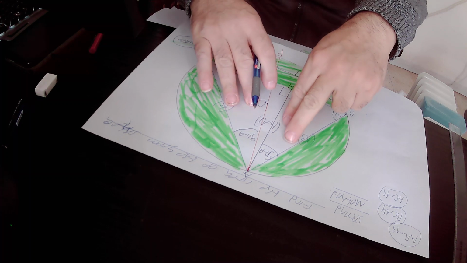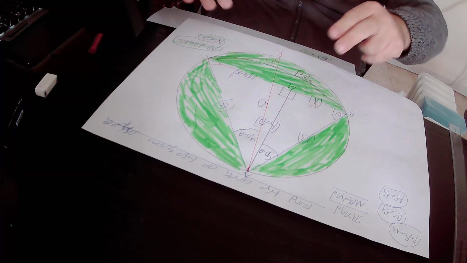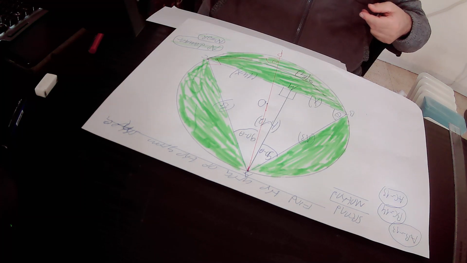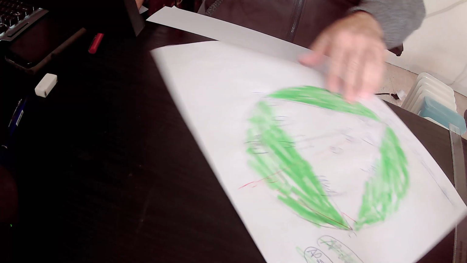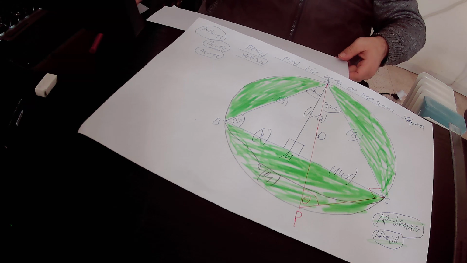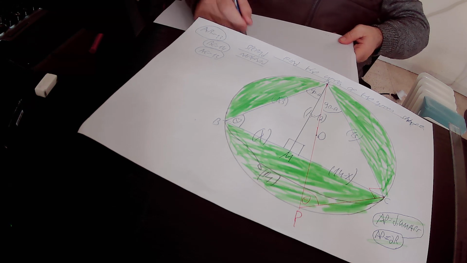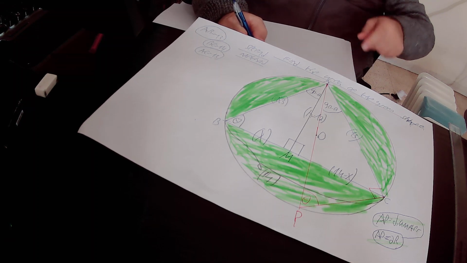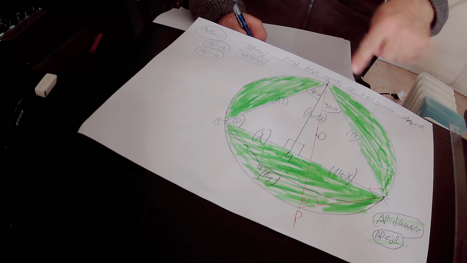So why are those two right triangles similar to each other? Write it now. We'll prove that the right triangle ABM is similar to the right triangle APC.